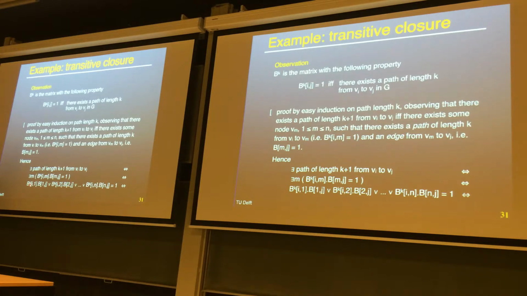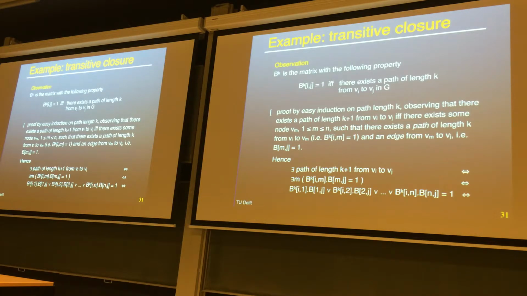So that means it is (B^k)_{i1} times B_{i1 j}, or (B^k)_{i2} times B_{i2 j}, or etc. But this, of course, is exactly the result of matrix multiplication, namely of B^k times B. So that means that B^(k+1) contains all the information about paths of length k plus 1.